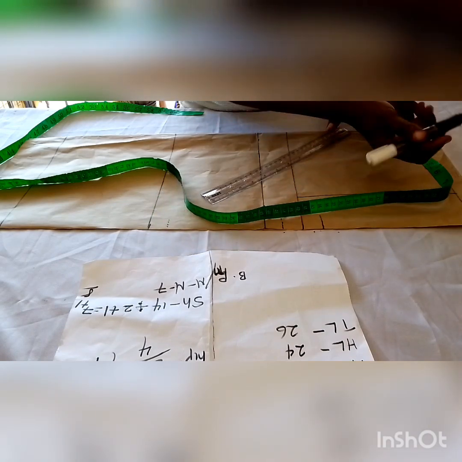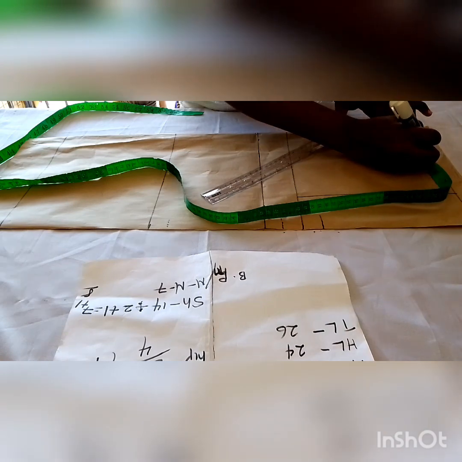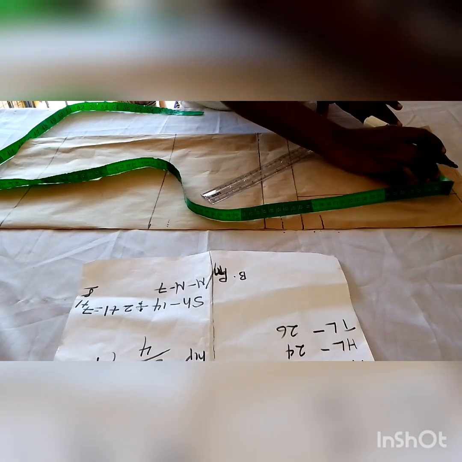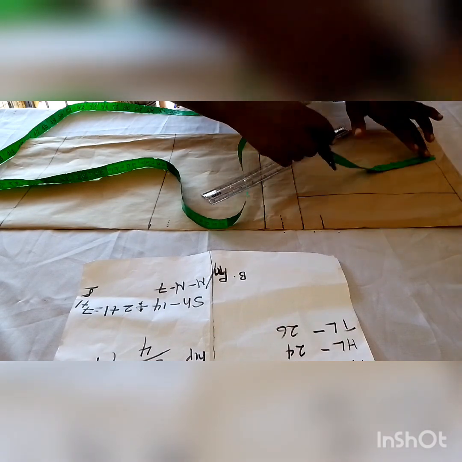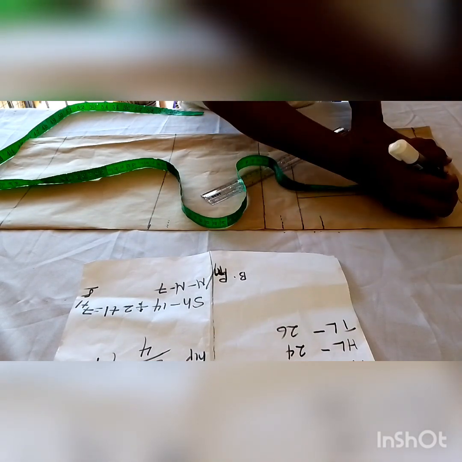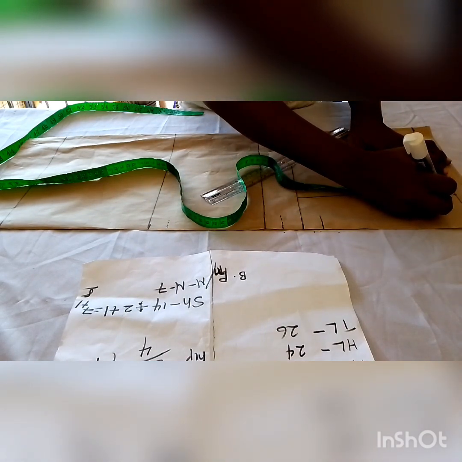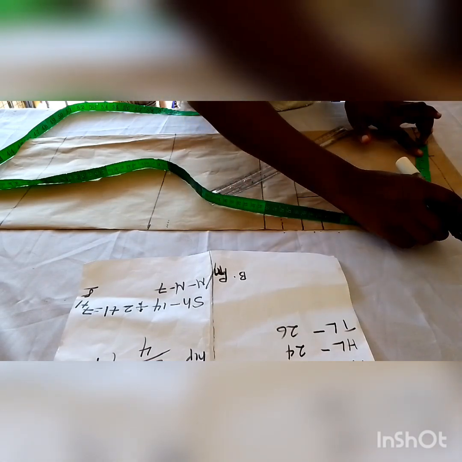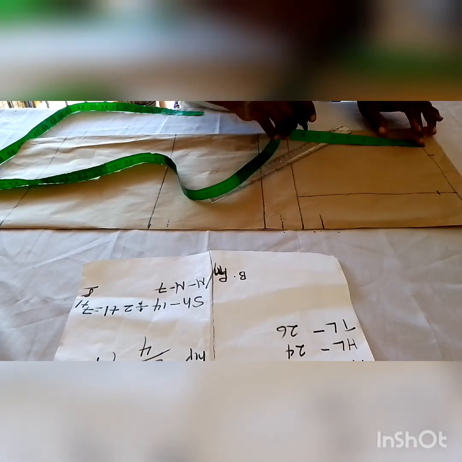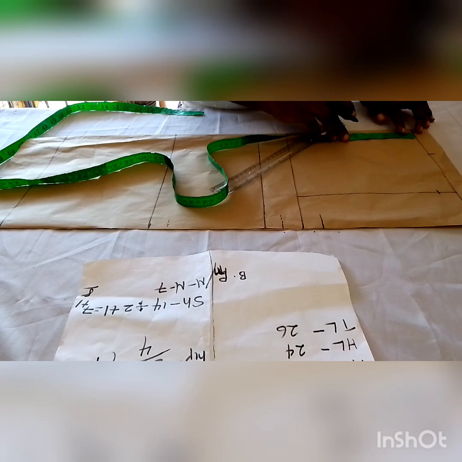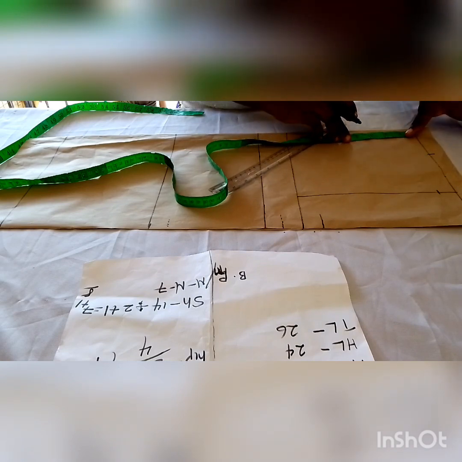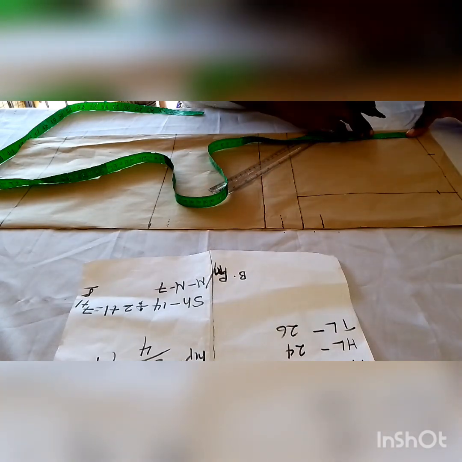The neckline, you can use 3.5, depending on how wide you want it to be. But this is a stretchy material, so it should be wide enough that your head should be able to enter even without a zip. So I'm using 3.5 for the width of the neck. Then the depth for the back, I'm using 3 inches.